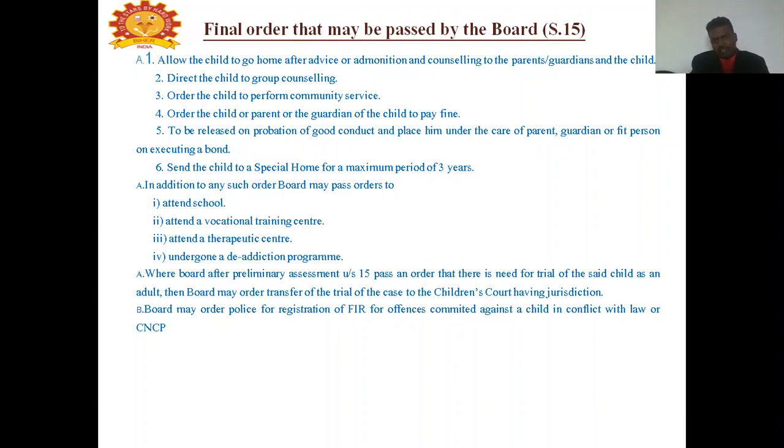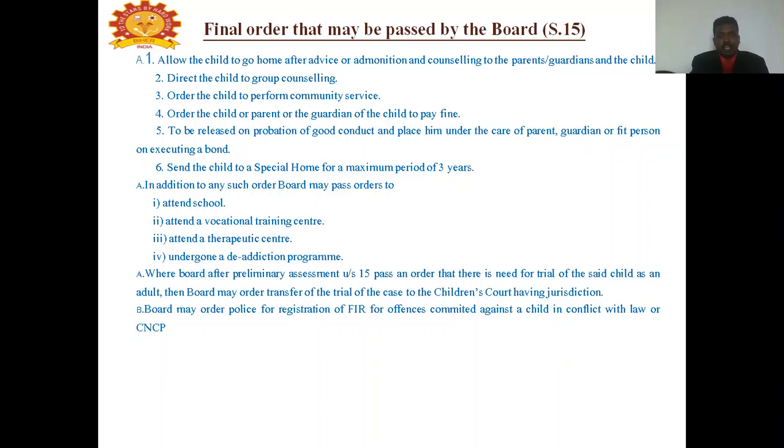Order the child or parent or guardian of the child to pay a fine. Release the child on probation of good conduct and place him under the care of a parent, guardian or fit person on executing a bond. Send the child to a special home for a maximum period of 3 years.